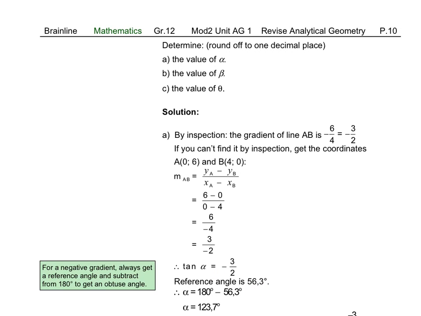Note, we do not enter the minus on the calculator, but we know that tan is negative in the second quadrant to give us an obtuse angle, and therefore the reference angle 56,3 is subtracted from 180 to give us the size of alpha, being 123,7.